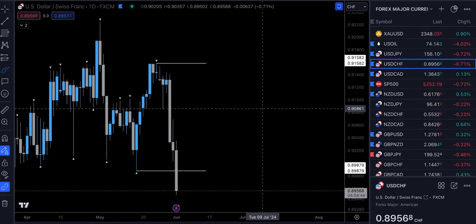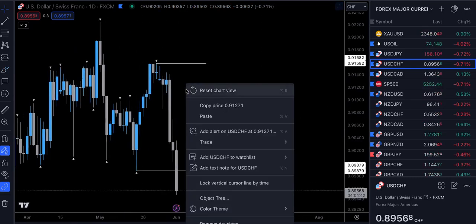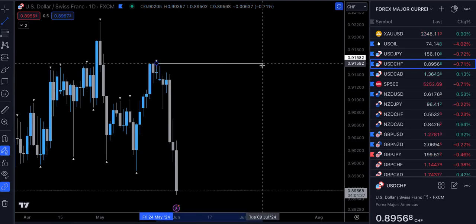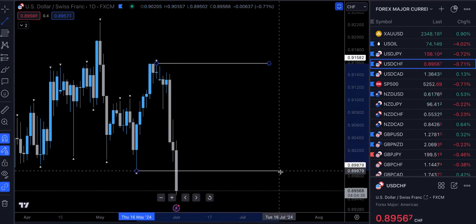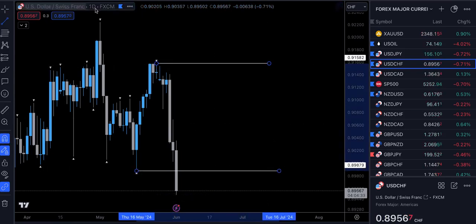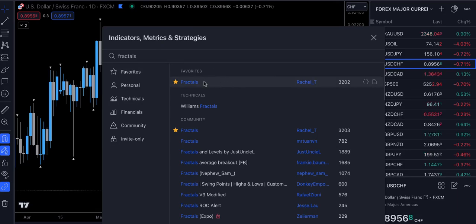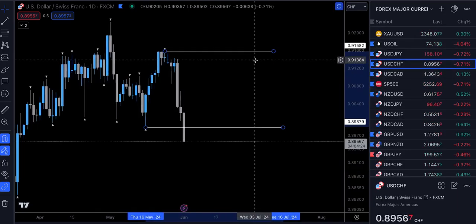This is USD CHF. Daily perspective. So let's start off with our mapping that we use. We've got the fractals applied to the chart here. So type in indicators, fractals, apply that, Williams Fractals, add that to your chart. You know the drill by now.